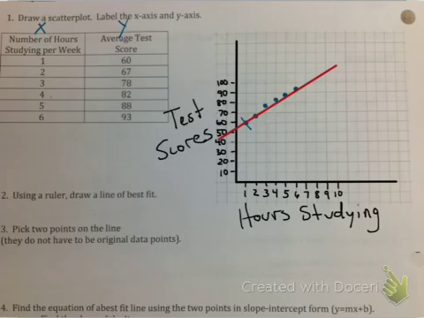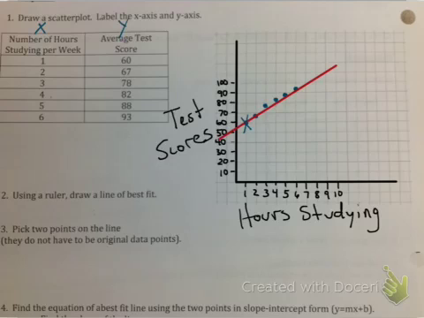So you see I've made my line, and the next thing I need to do is pick 2 points on the line. And remember, what I meant by 2 points on the line is where our X and our Y axis intersect on the line. You can see I actually made an X where that happened, and that was one of our given points. So one of my points on the line is where the X is, at 1 and 60.